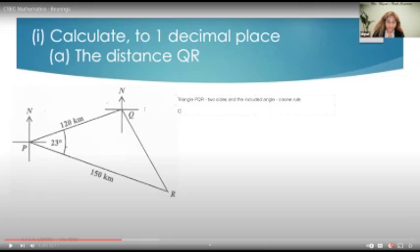Now, the cosine rule is, so write that and let me tell you what the cosine rule is.